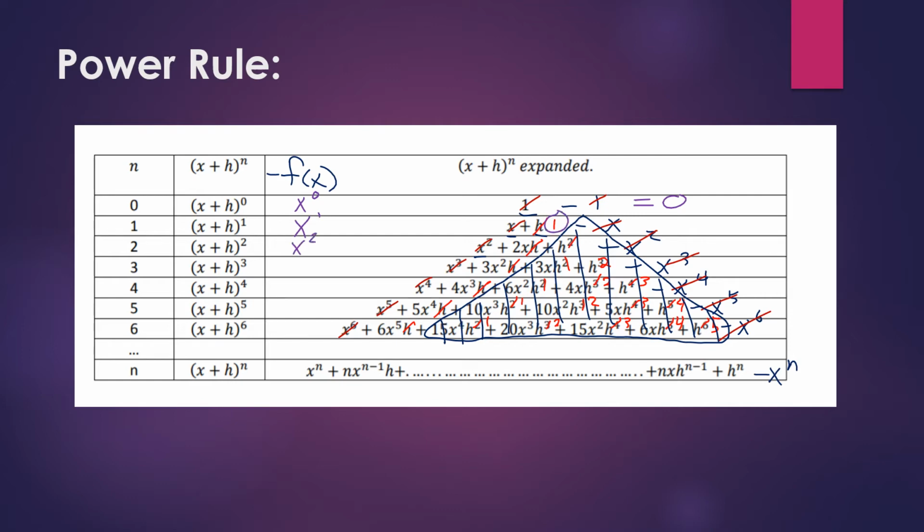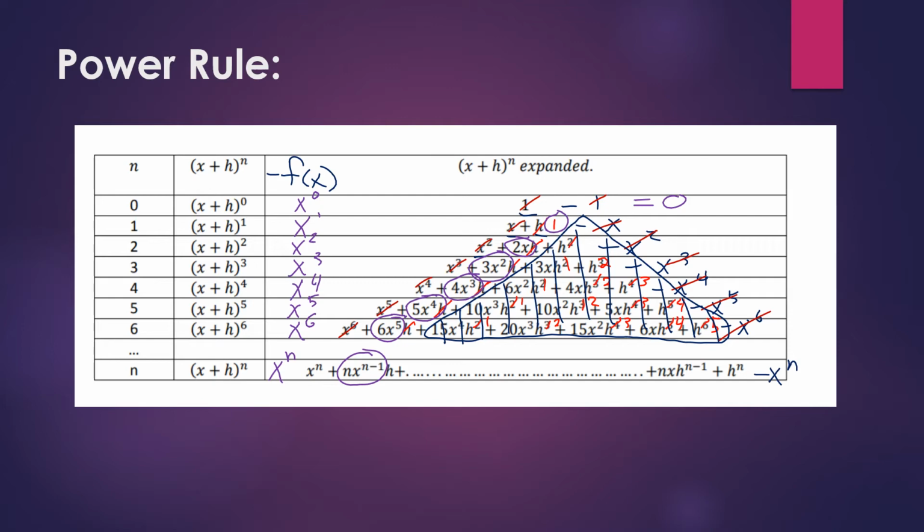X squared, I'm left with 2x. X cubed, I'm left with 3x squared. X to the 4, I'm left with 4x cubed. X to the 5, I've got 5x to the 4th, and x to the 6th, I'm left with 6x to the 5. If I was going all the way to x to the n, the term I'd be left with is nx to the n minus 1.